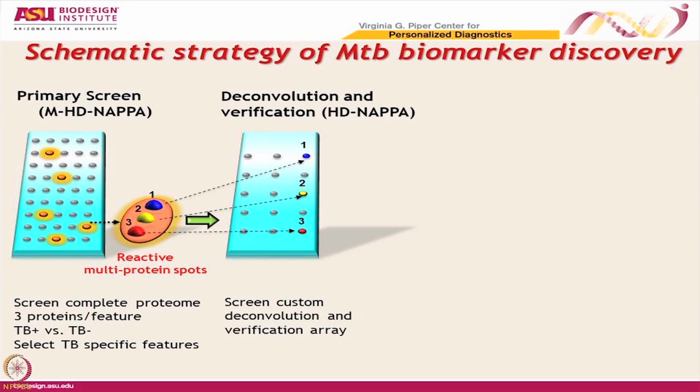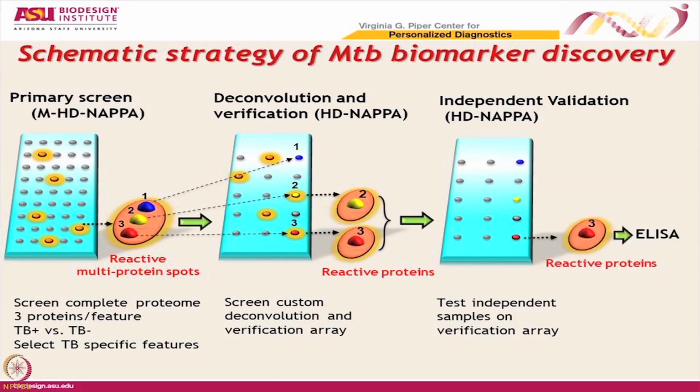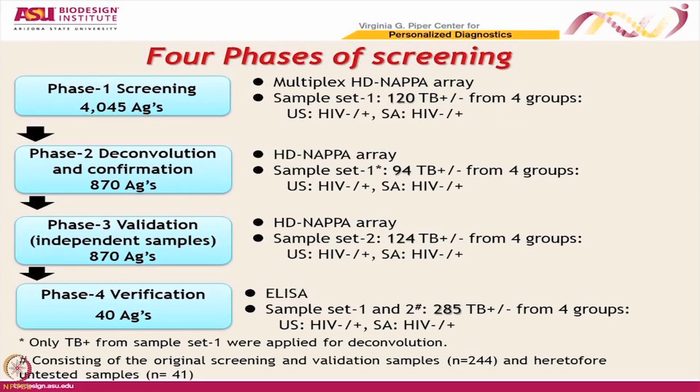We did this separate array, and then from that we got individual proteins that were positive, and then we did a 3rd level of validation by testing different samples on a verification array. And then finally, we took those individual spots to ELISA. So once again, a multi-tiered set of experiments to make sure that whatever hits we observe really makes sense. Okay? And so this is kind of a summary of that.